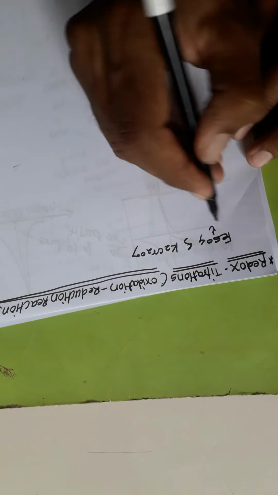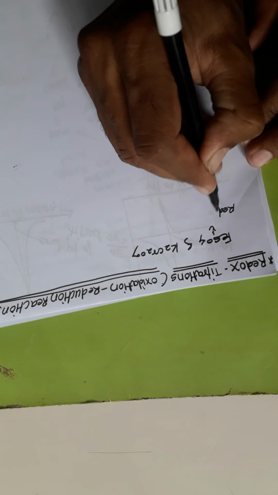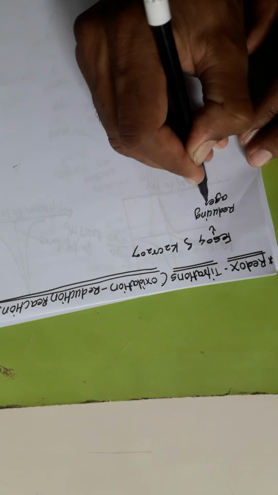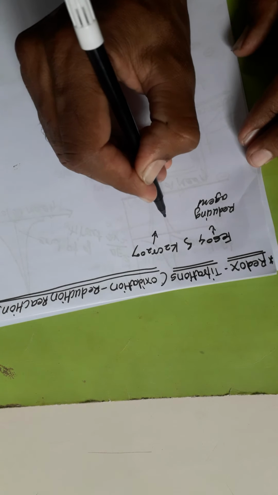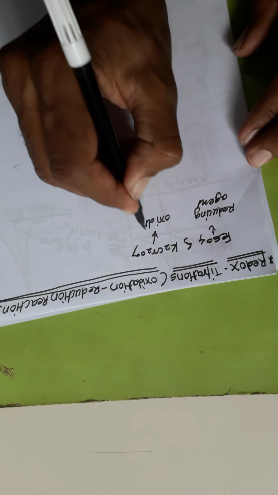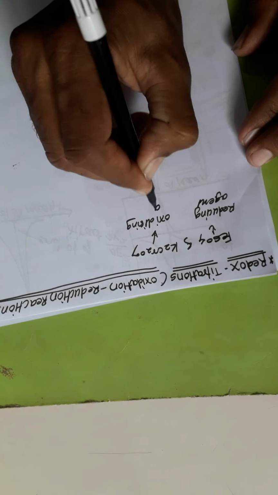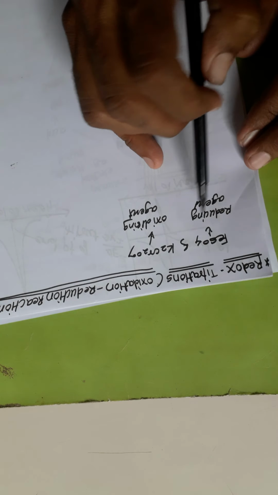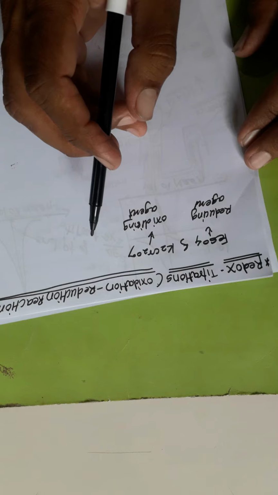Ferrous sulfate solution is also called a reducing agent, and K2Cr2O7 is also called an oxidizing agent. Ferrous sulfate is the reducing agent, K2Cr2O7 is the oxidizing agent.